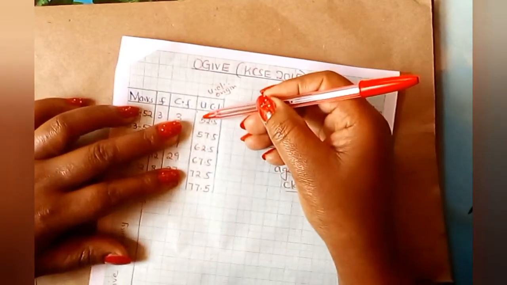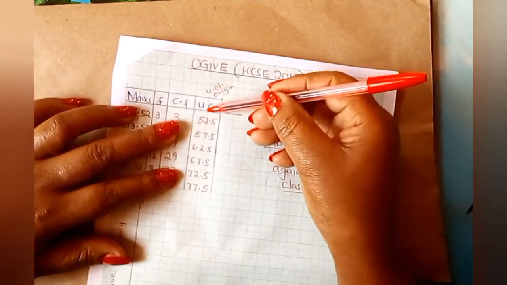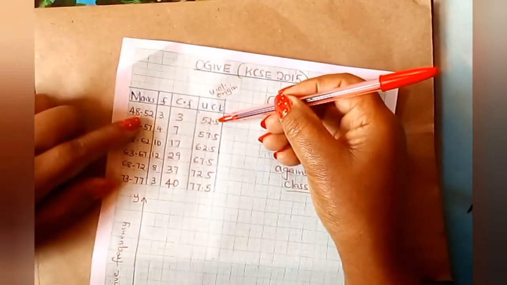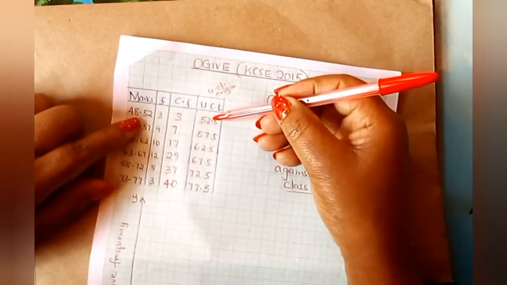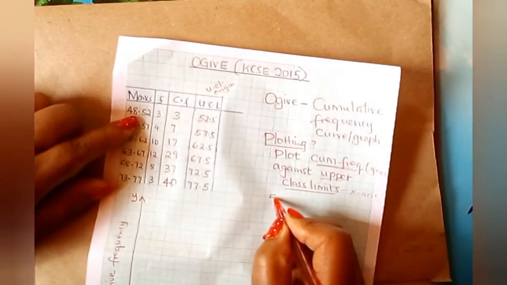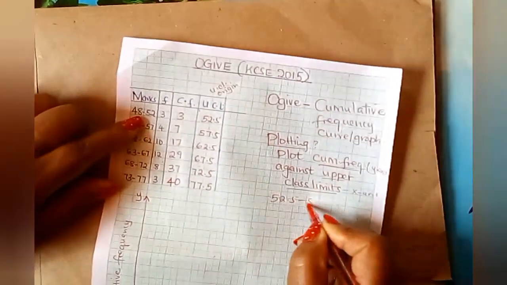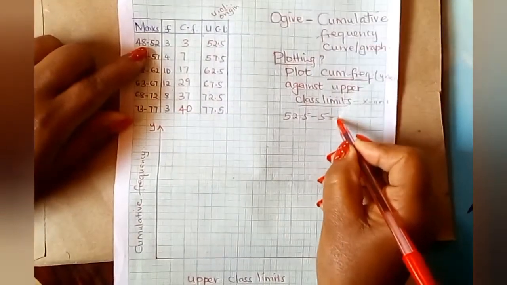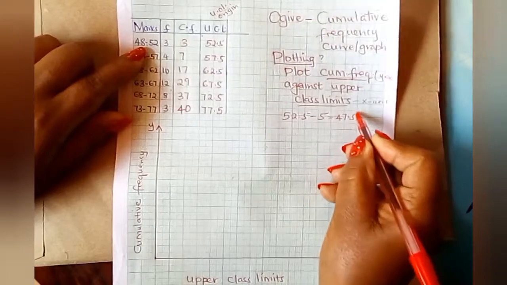So what would be the UCL before this one if there was a class before this class? You subtract 5 from here. So 52.5 minus 5 gives you what? 47.5.